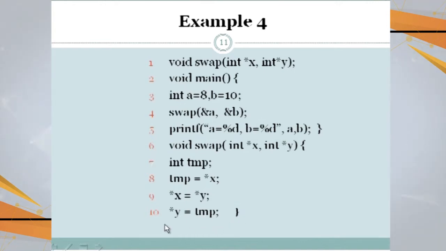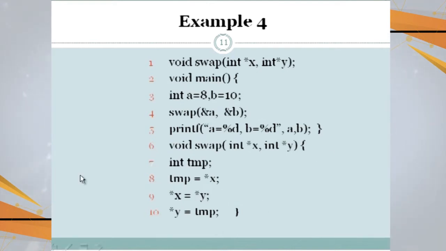Then control will return without returning any value formally. But you should notice that here inside the swap function, we have accessed the memory location of the two variables a and b, and inside that function we have changed the value of those variables indirectly as well.